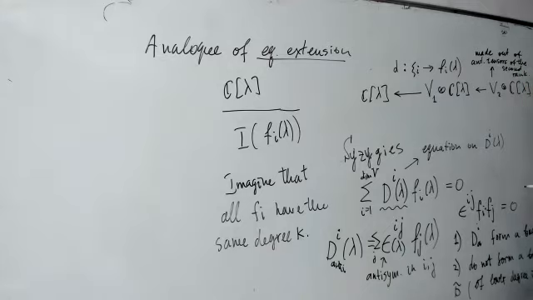In this case, V2 would be nothing but the second exterior power of V1.